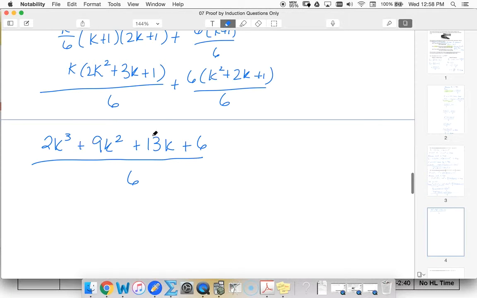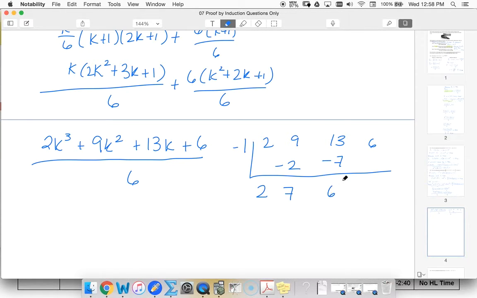Looking at this, I don't see any sort of obvious way to factor it, so I'm going to go back to my synthetic division. If it factors by k plus 1, then that would mean that negative 1 would be one of my solutions. So 2, 9, 13, 6, 2, 2, 11, negative 2. That's going to give me 7.